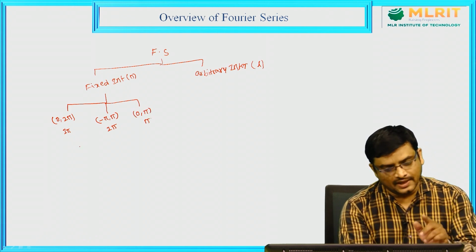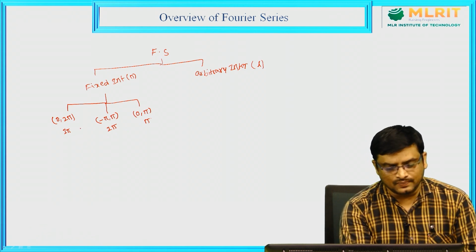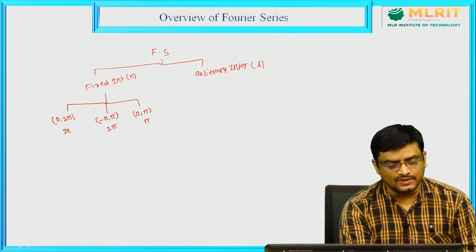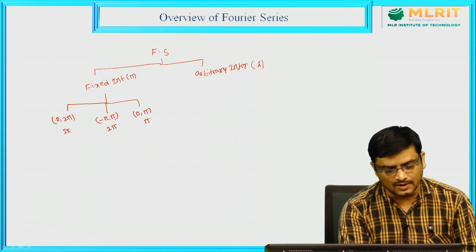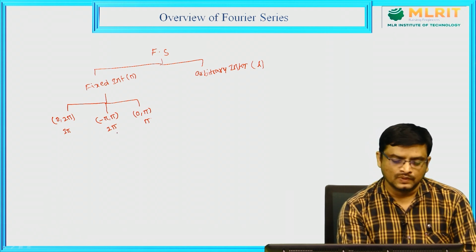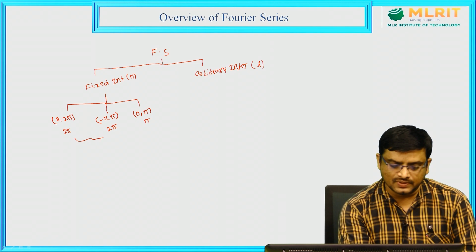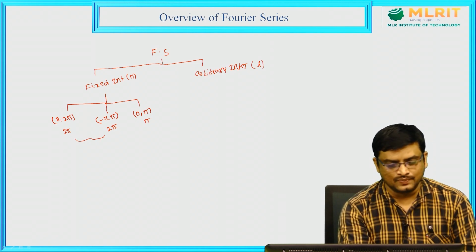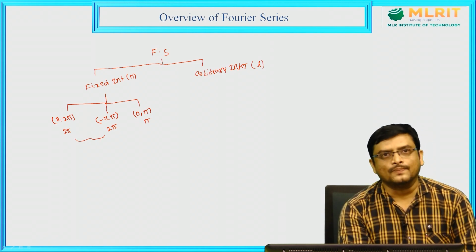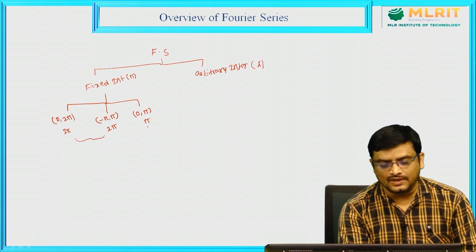So in the fixed interval in terms of pi we have three intervals: 0, 2 pi, minus pi, pi, and 0, pi. The first two intervals have equal length, that is 2 pi, and in the last one, 0, pi, the length of the interval is pi.